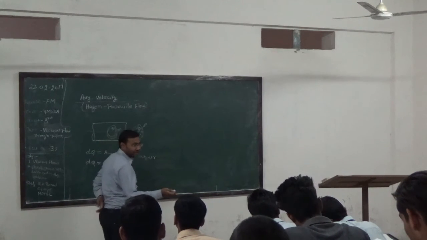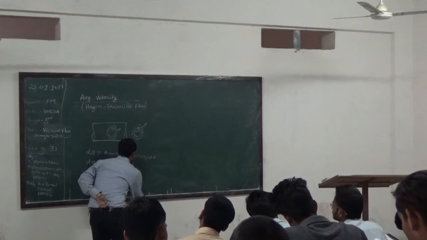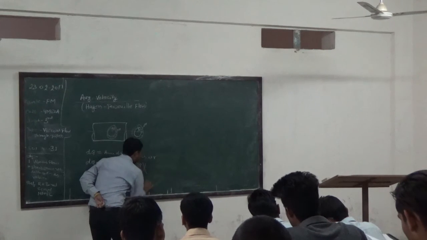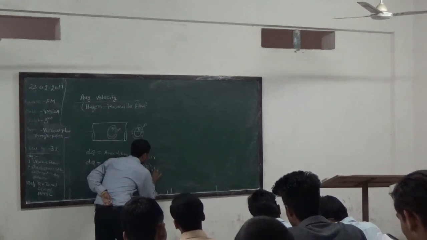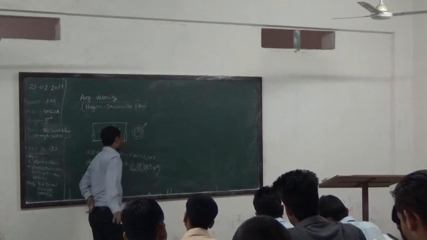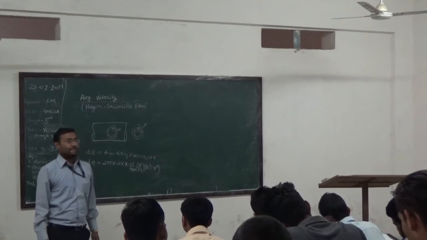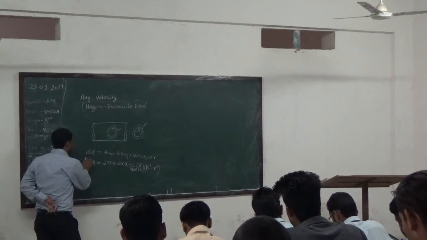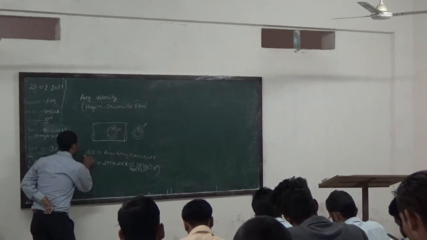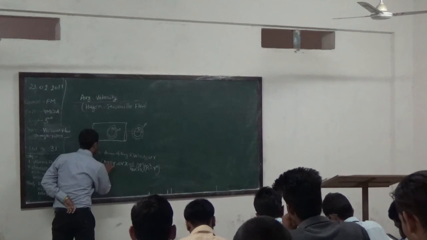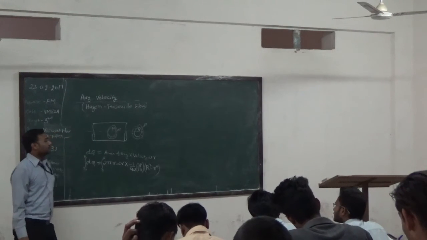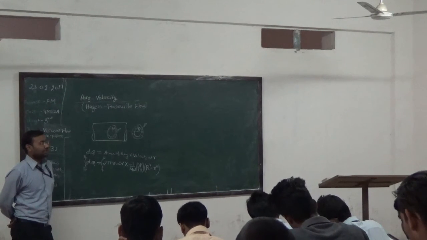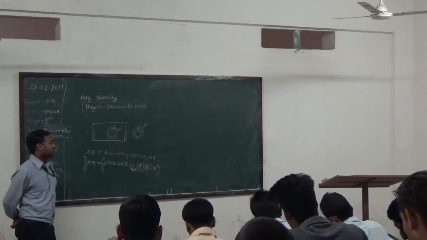The expression for velocity is minus 1 by 4 mu del p by del x into capital R square minus small r square. Just integrate this equation from 0 to capital R.